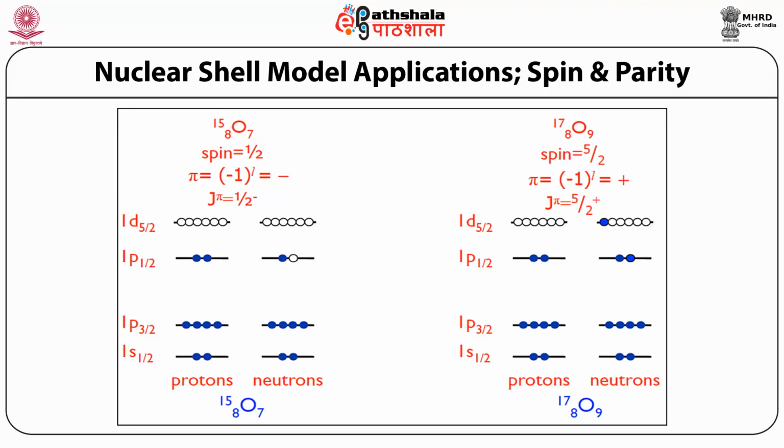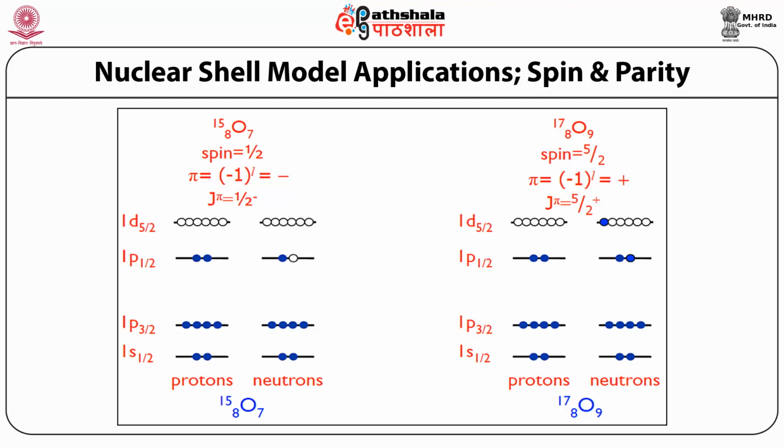Nuclear shell model applications, spin and parity. In the previous slide, we understood how the protons and neutrons are distributed in oxygen 17. In this slide, we are comparing the cases of oxygen 15 and oxygen 17. In oxygen 15, the number of neutrons is 1 less than what is required for stability.